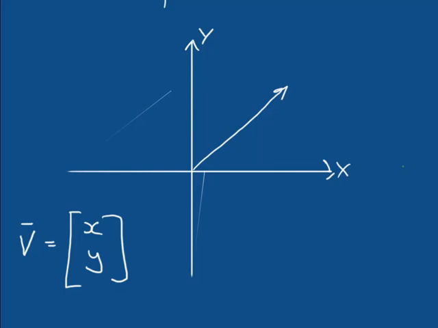A third notation, which is quite similar to this one, is actually to draw a full arrow over the letter. So instead of having just v with a dash, some notations use v with a small arrow over this. The arrow just being another way of denoting that this variable is a vector. Now this is more commonly used when we're denoting a vector that travels between two vertices on a diagram.